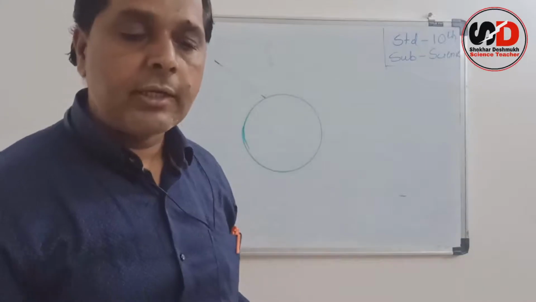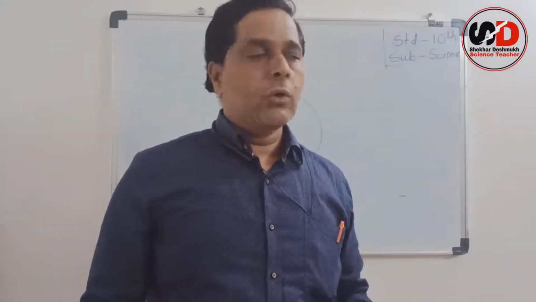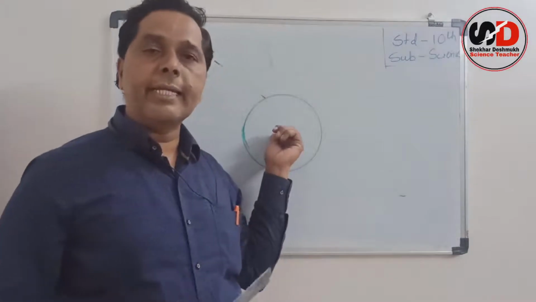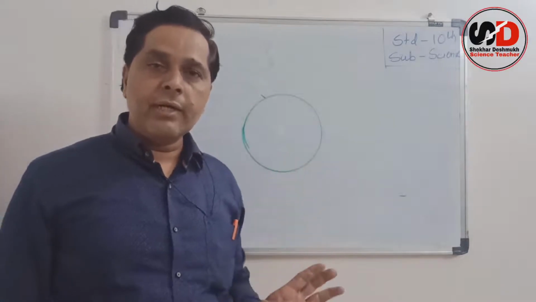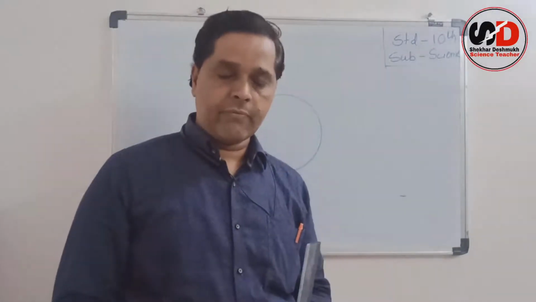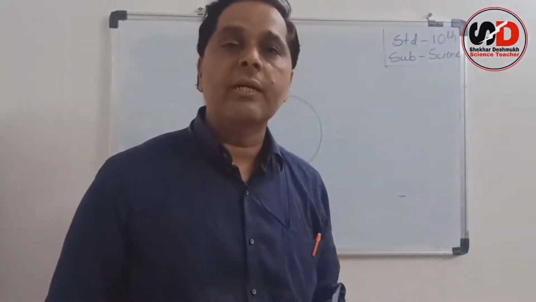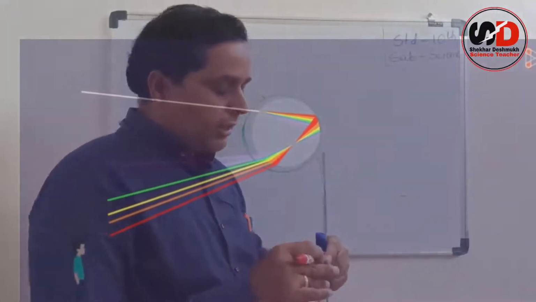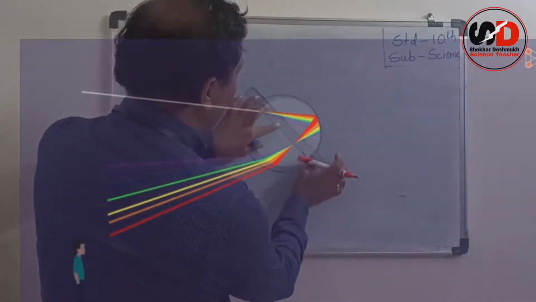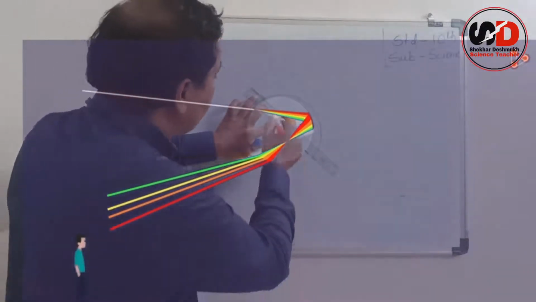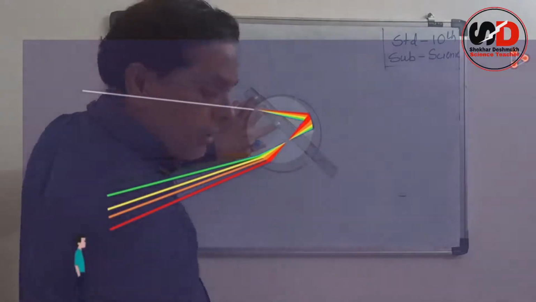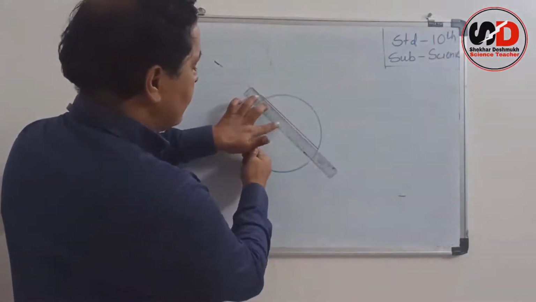We know this water is a denser medium, and whenever light travels through this medium, the velocity of each and every color of light is different, and therefore the light splits into different colors. We can see this splitting of light. Actually the refraction is taking place, and along with the refraction, dispersion is also taking place here.